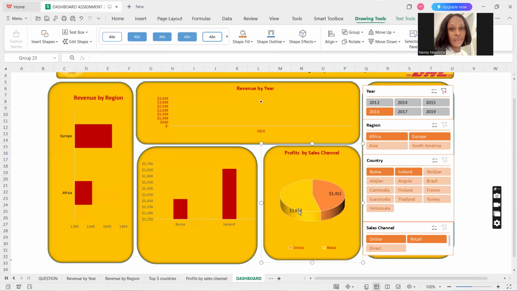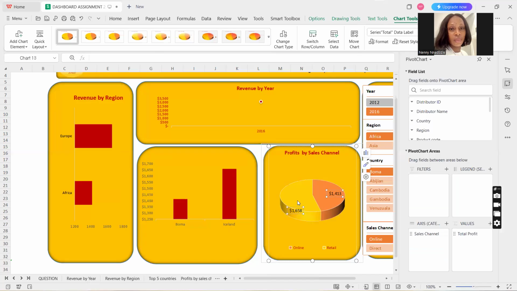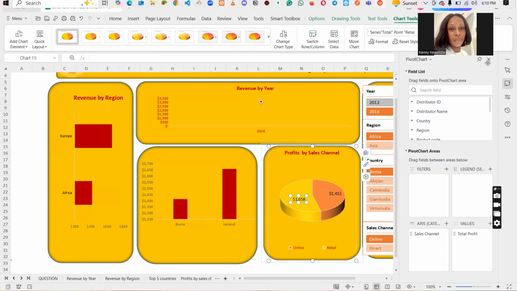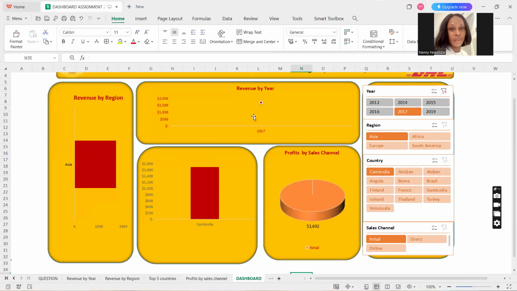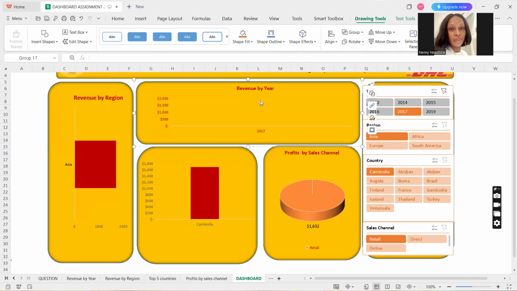Okay, so let's move to 2017. 2017 was the year the lowest revenue was made. We really need to find out why this year was bad.